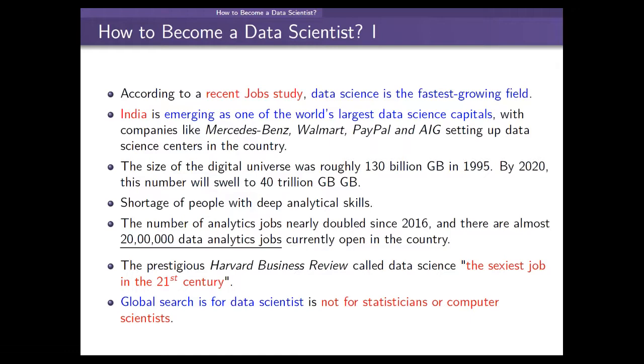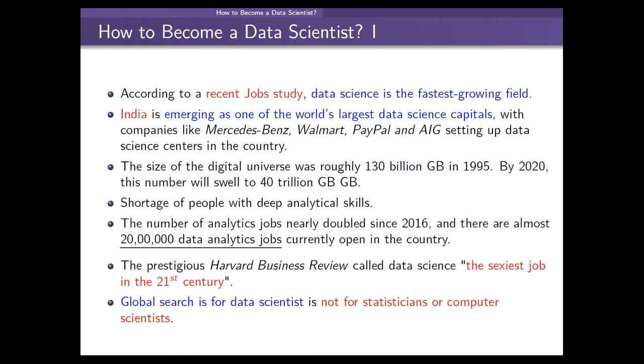There are almost 200,000 data analytics jobs currently open in India. Even if you just consider America, there are lots of openings for data scientists or other related roles. The prestigious Harvard Business Review has called data science the sexiest job of the 21st century.